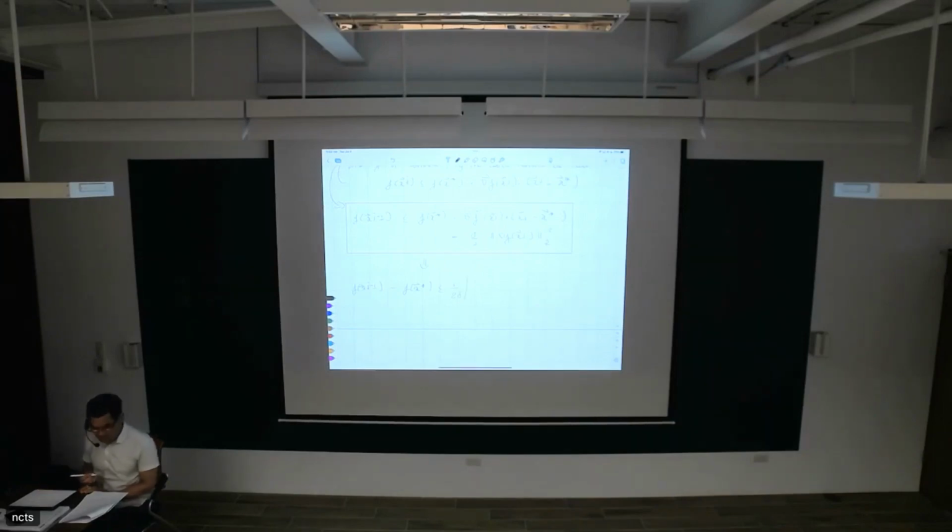If I do so, what I get is 2 delta times the gradient of f evaluated at xj dot with xj minus x star, minus delta squared times the gradient of f at xj squared.